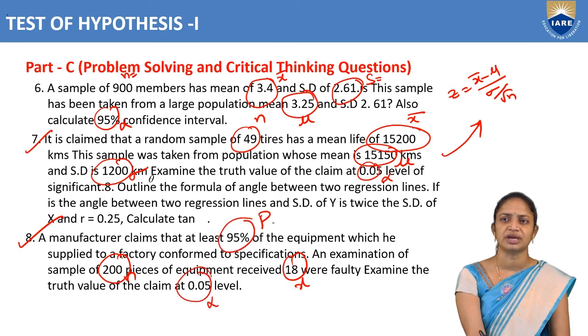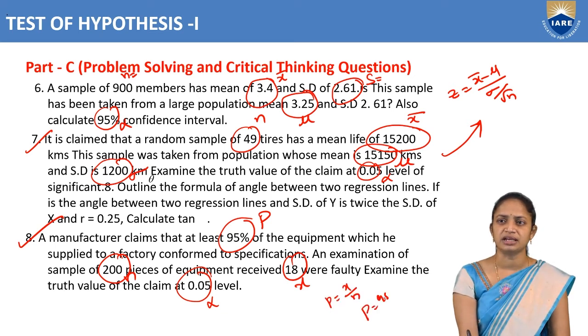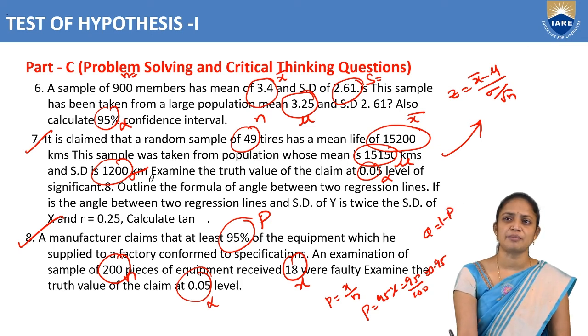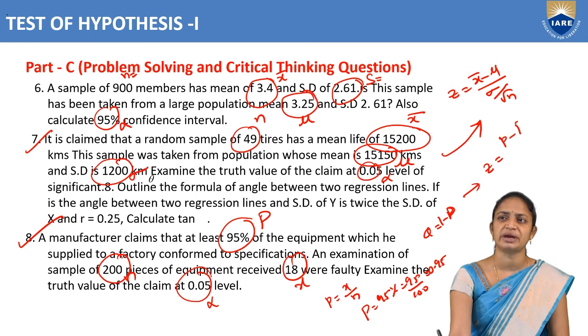This is our p value, small p value. So how to find small p value? By using x by n. So what is capital P? That is 95%, that is 95 by 100, that is nothing but 0.95. So what is Q? Q is nothing but 1 minus capital P. Okay, so what is the formula? Z equal to small p minus capital P divided by under root of PQ by n.